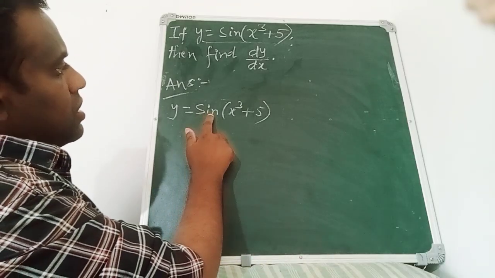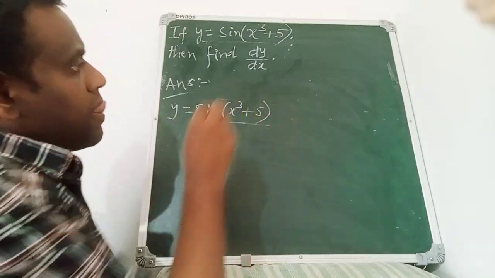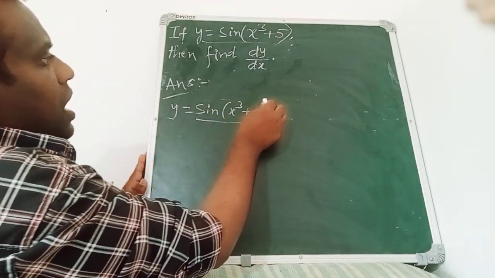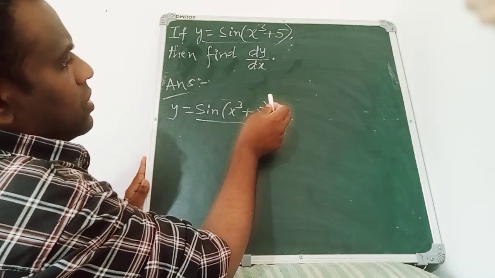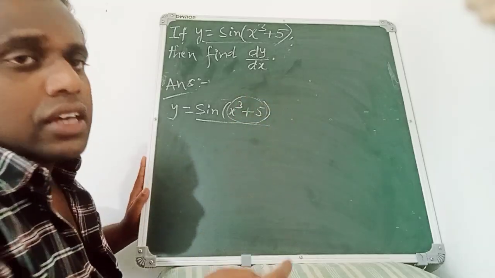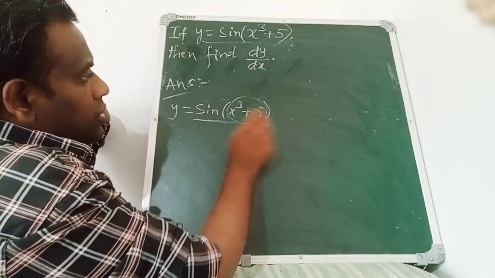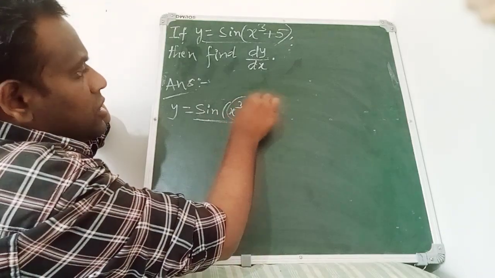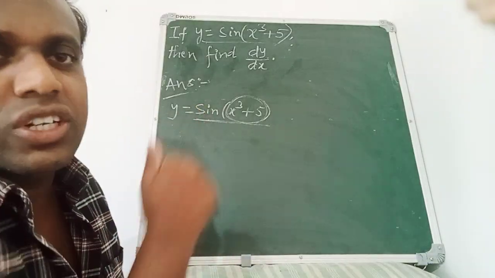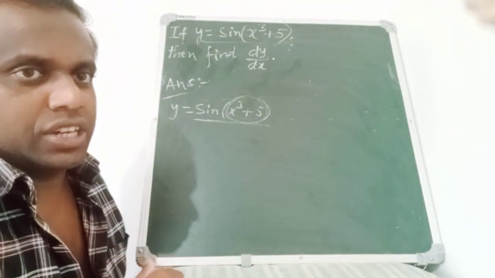One function is sine of x cube plus 5, this whole thing, and this x cube plus 5 is another function. If there is only one function, using the formula we can directly differentiate.